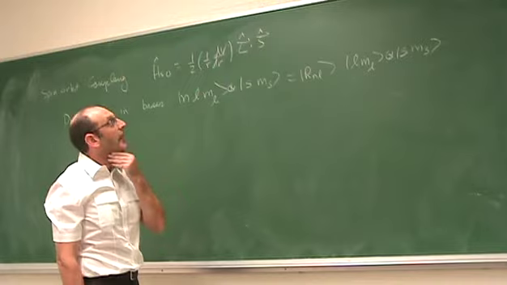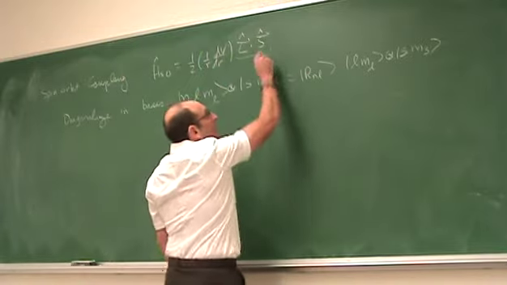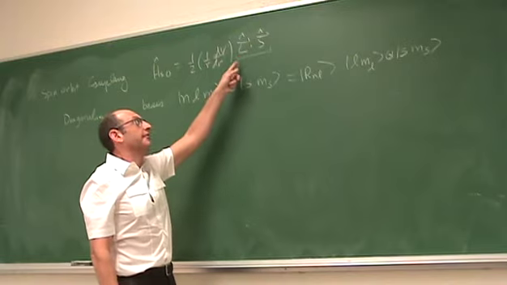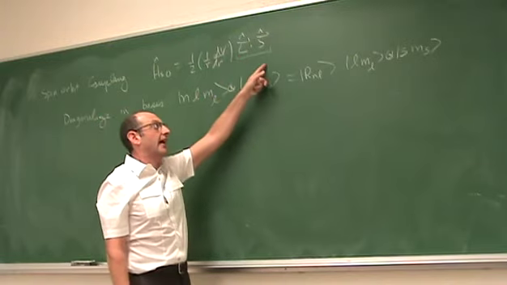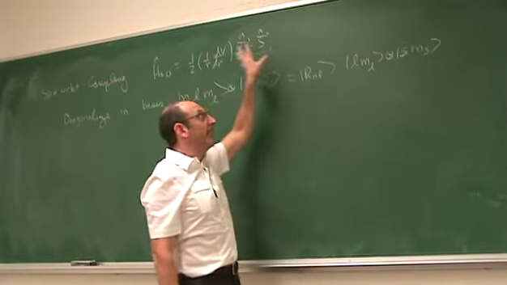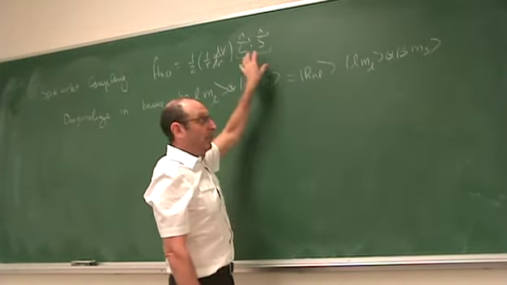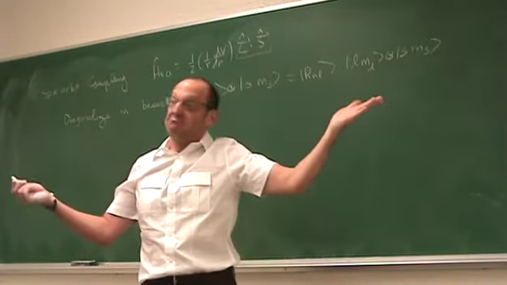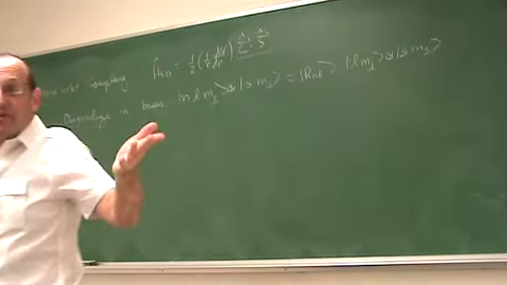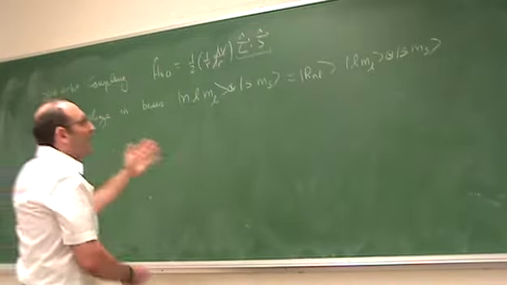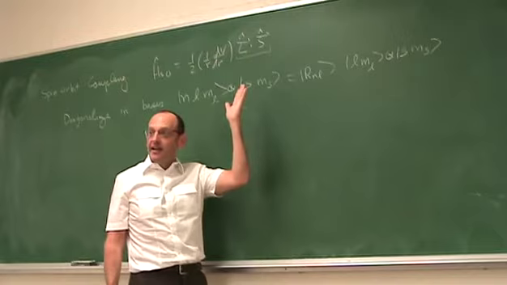What can we say about that? Well, we could express this in terms of LxSx plus LySy plus LzSz, and then write that operator in this basis, and then diagonalize it. We could do that, but we would be fools. We're not fools.